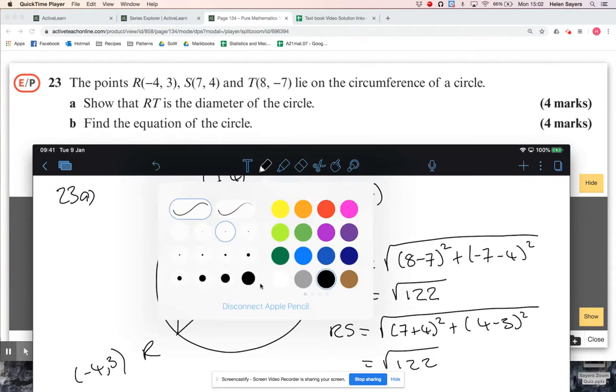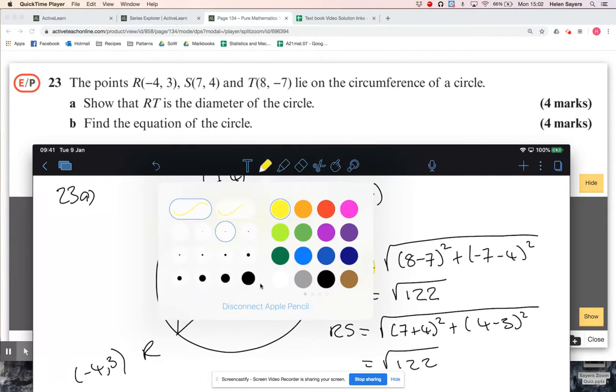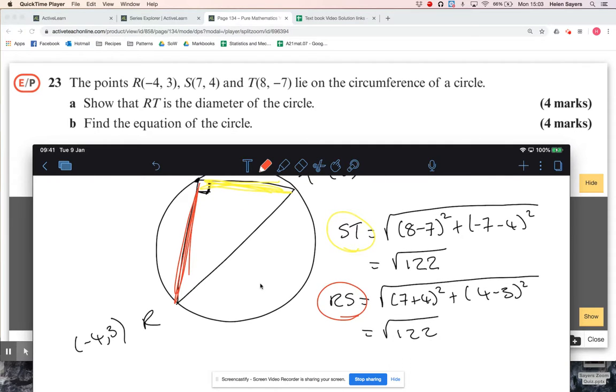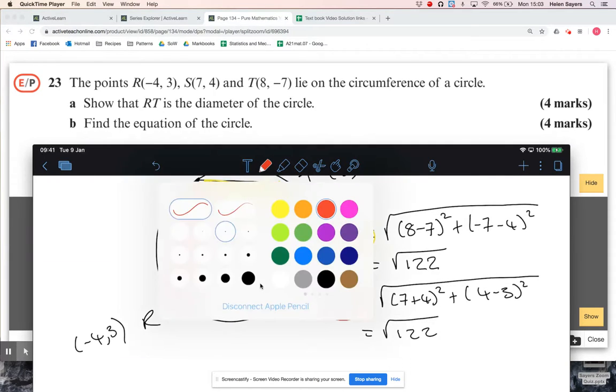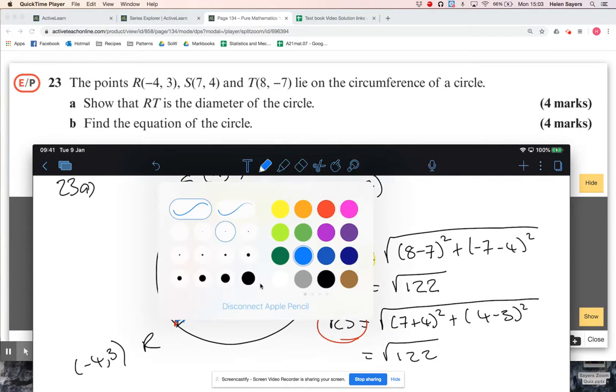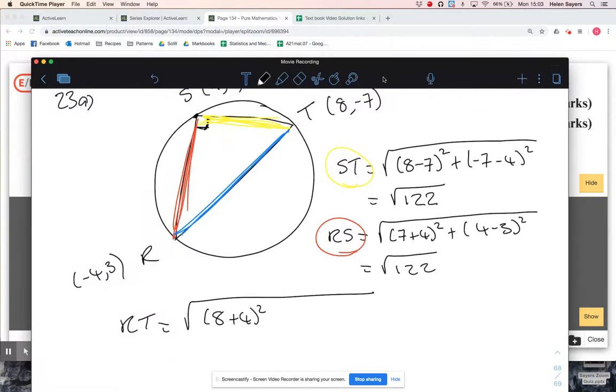So ST is that side there. RS is that side there. When we're checking if we've got a right angle or not, which we're going to do through Pythagoras, those are the 2, those are sides A and B. So RT is the hypotenuse. So RT is the square root of 8 minus 4, oh, sorry, let's do that again.